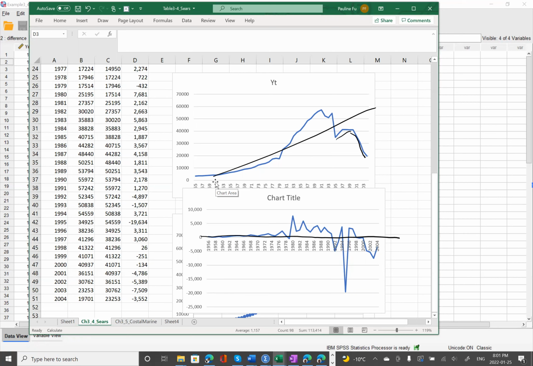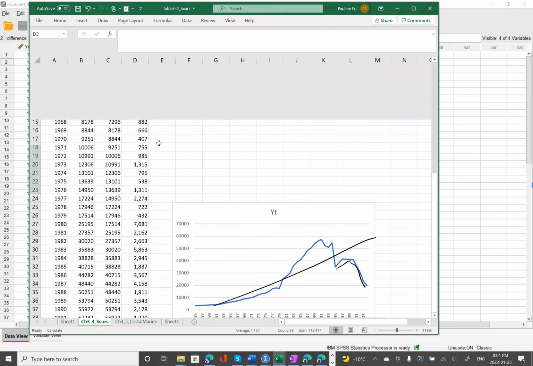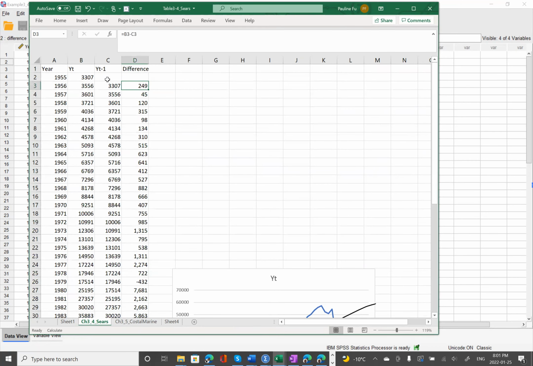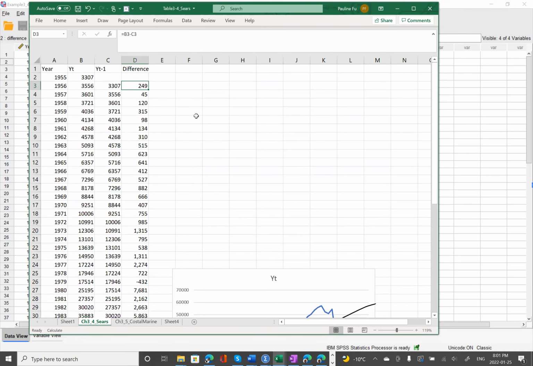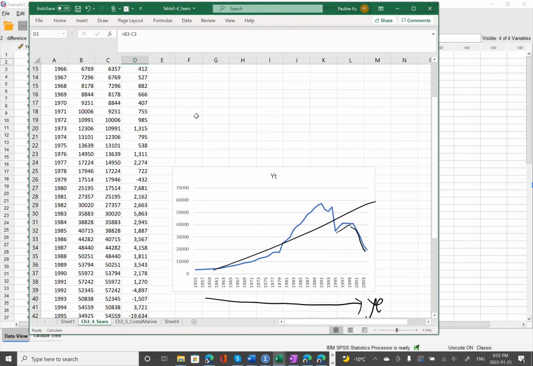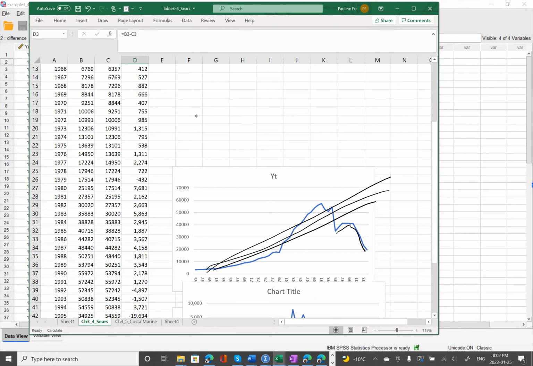Professor, so which means that when we calculate the difference between YT minus 1 and the YT, there will be a better forecasting technique for this case. Is that correct? Just because it's more stable. Exactly. The original data has the slope, looks like it has the trend.